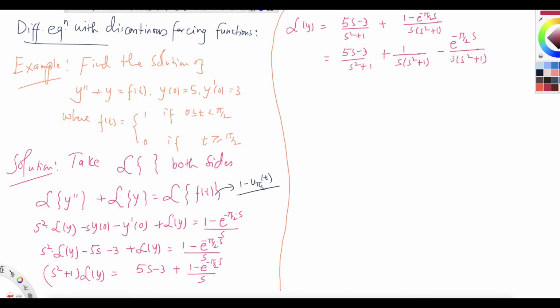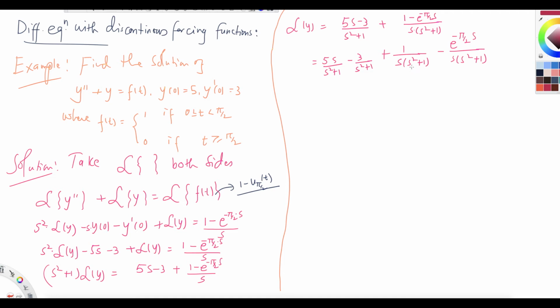Now you see that the second and third terms can definitely be separated. I can write the first as 5s over (s squared plus 1) minus 3 over (s squared plus 1). You can separate that way.